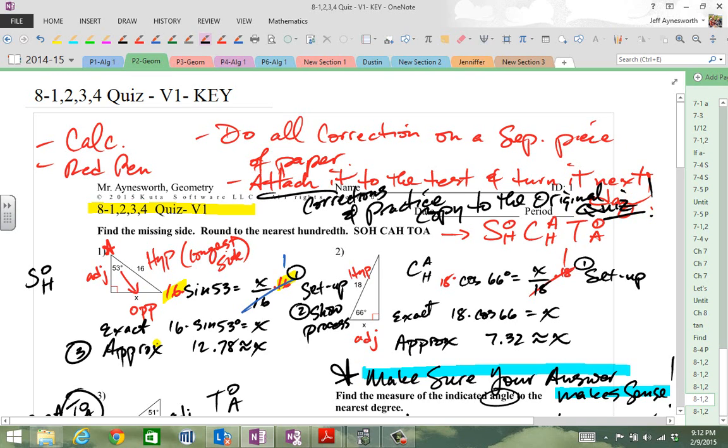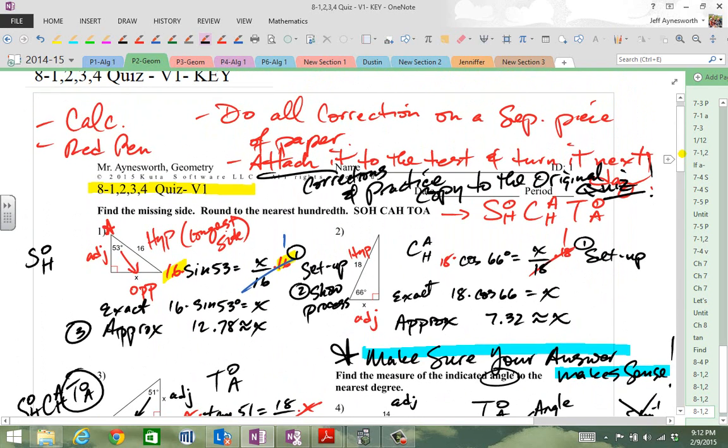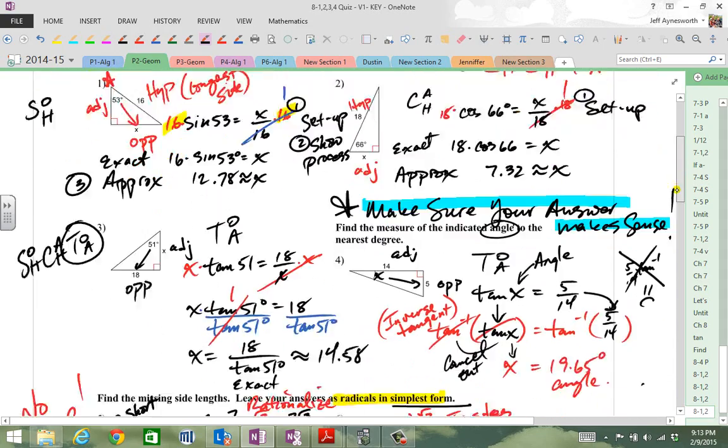And then turn it in. So you're going to be turning in your original quiz, your corrections on another piece of paper, and your practice. So 3 things. And again, I think that's pretty clear. If not, rewind the video and listen to me again. Turn in the quiz, your corrections, and the practice, which is obviously printed off by you. Do that, turn it in the next day, and get prepared.